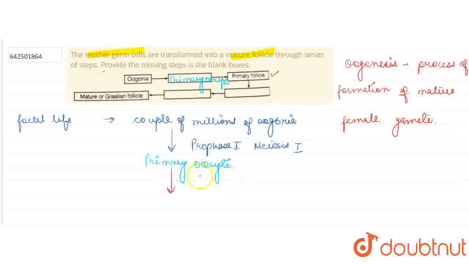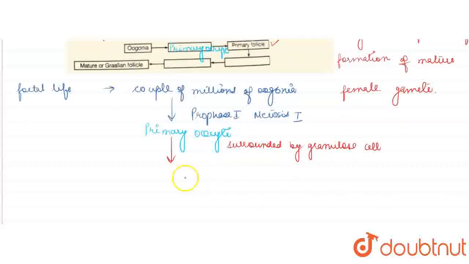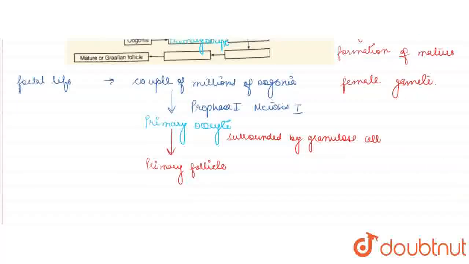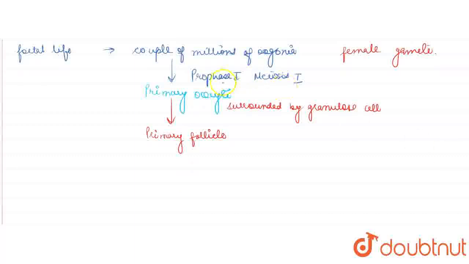So surrounded by granulosa cells, and now they will be called primary follicles.